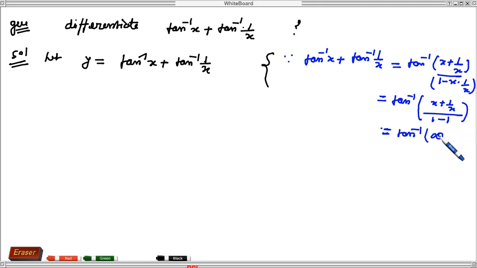So that is tan inverse infinity, that is equal to pi by 2. So the value of this is pi by 2. Here I am writing the formula so that you do not get any kind of confusion.